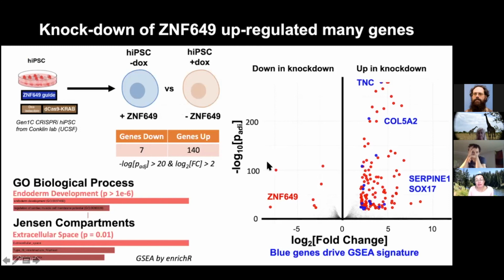We have not eliminated them as possible confounders, and certainly amongst the upregulated genes, many of them, for example, are themselves targets of SOX17, because SOX17 is a master regulator transcription factor.